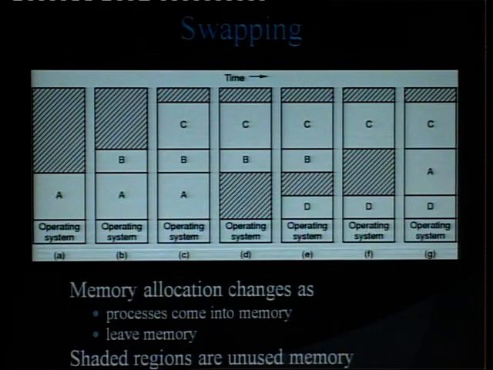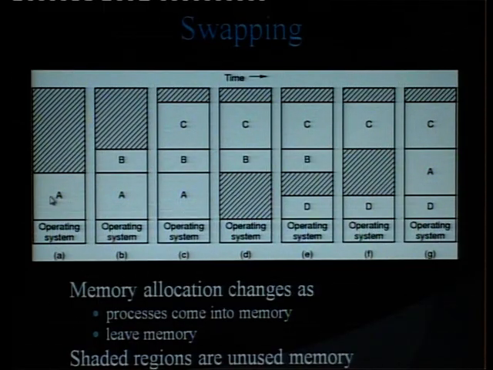The scheduled regions are the unused memory. For example, we have fixed partitions and the operating system is placed in the first partition. As processes come into memory, they occupy space according to their size.